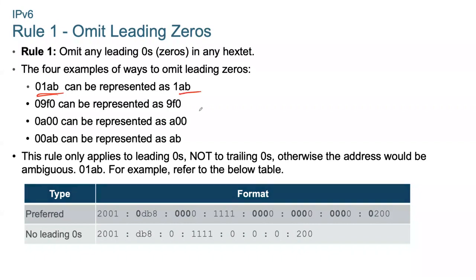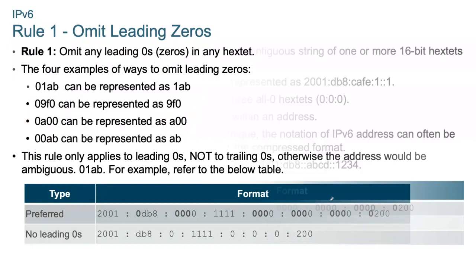Leading zeros are omitted, so any leading zeros that are there can be omitted. That is rule 1.